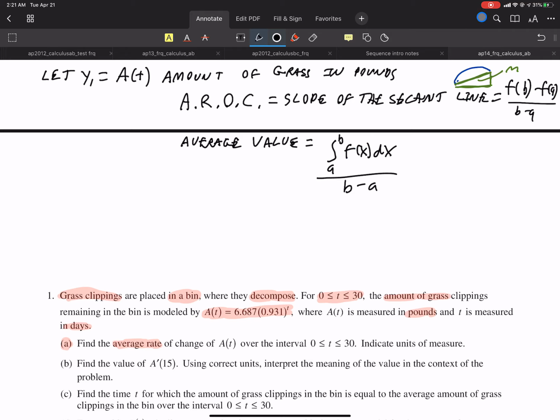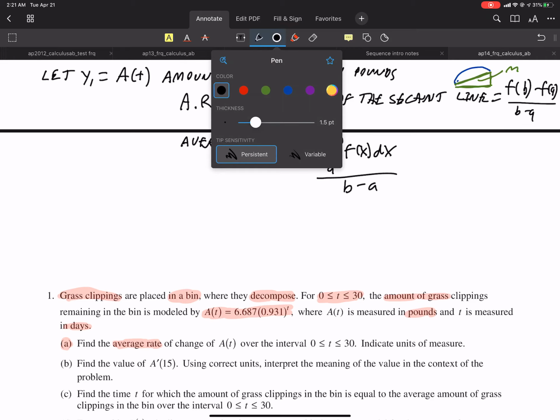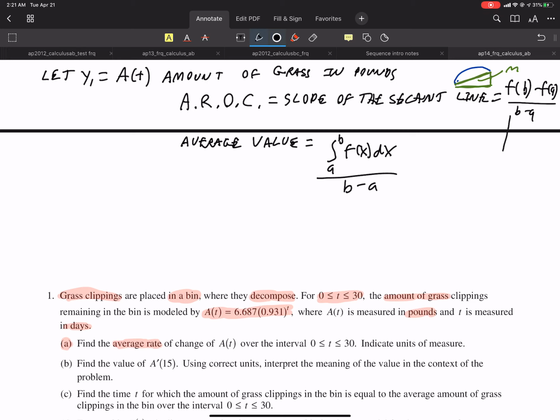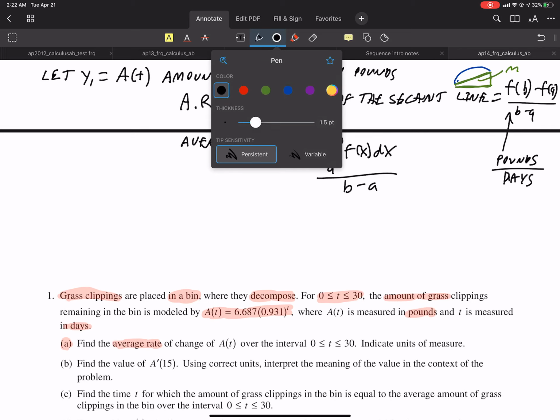And another difference you'll see: rate of change. It's a rate. It's how fast something's changing. So the units of this top one, F in this case would be pounds, and the B minus A in this case would be days. So it's pounds per day. It's a rate. How many pounds is changing per day? But average value, which is different, let's look at the units here.